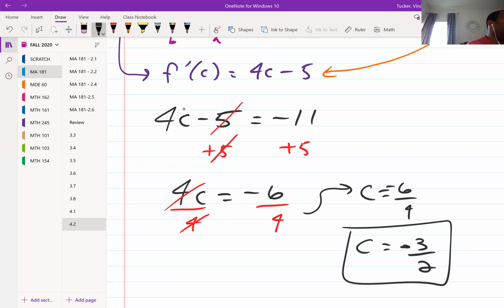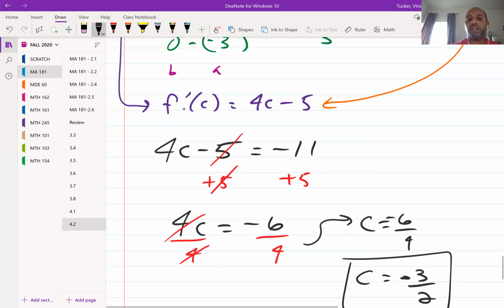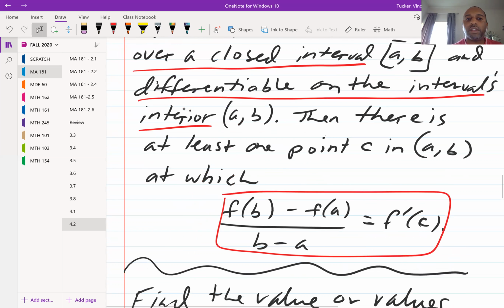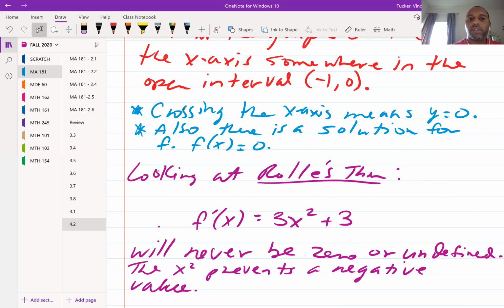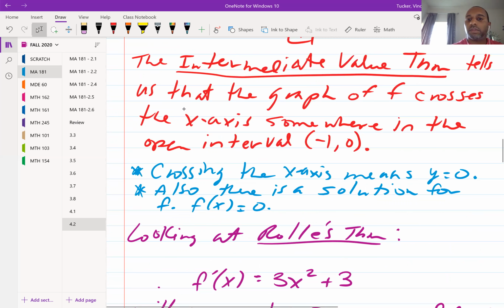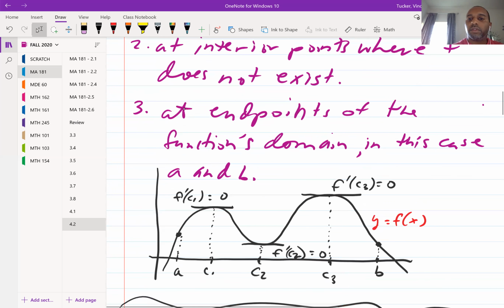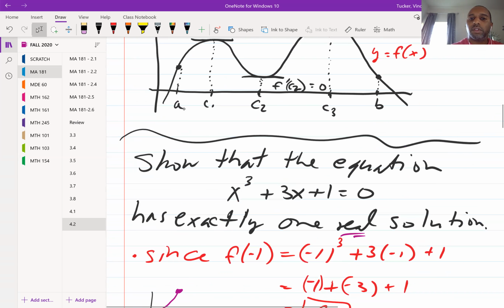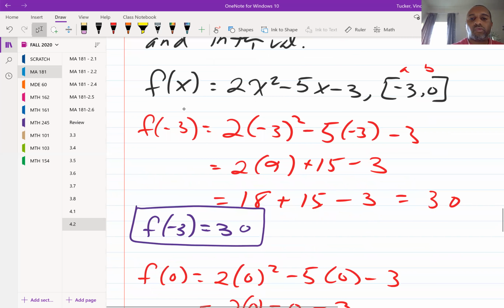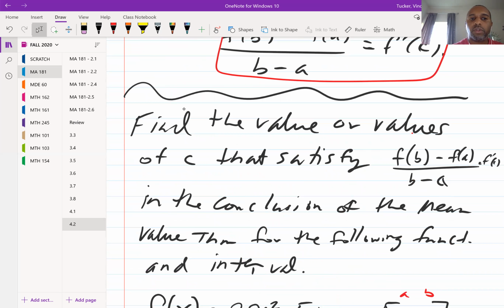All right, questions before we do another one? So what is C? What did we just figure out? So C is going to be the place where, going back here, f prime of C, trying to relate it back to our, that's when f prime of C is equal to 0. It should be a critical point for us.